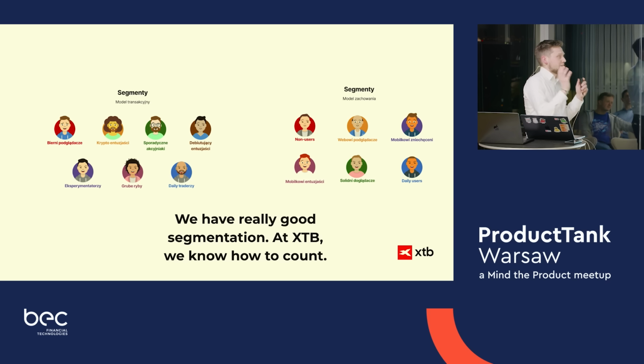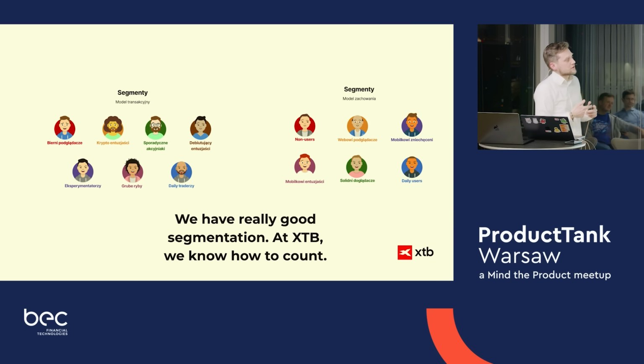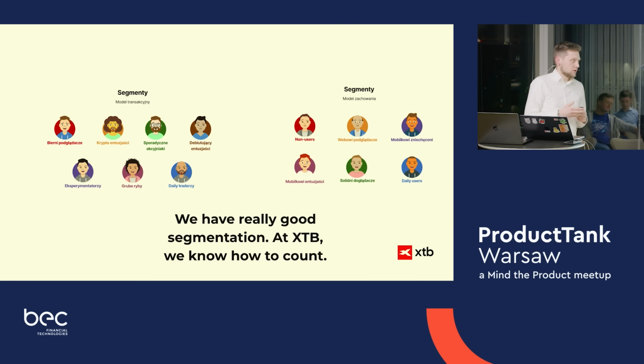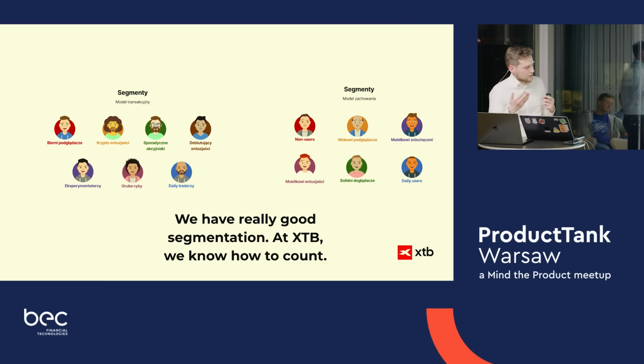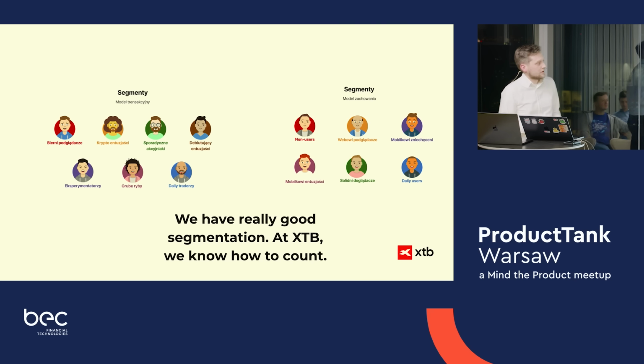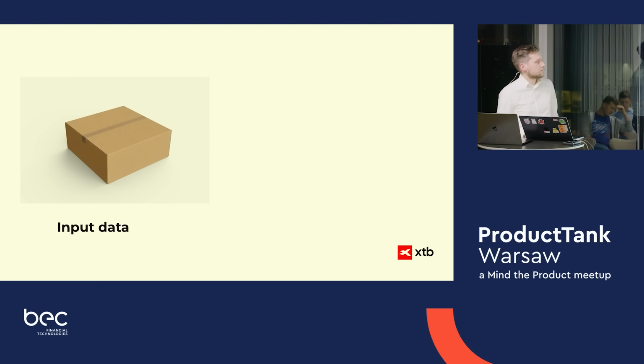We have different cluster segments, and we cluster them through transaction models and also behavioral models. Combining those two models helped us create very unique segments representative of our users, and reflect the real situations of our users in the app.